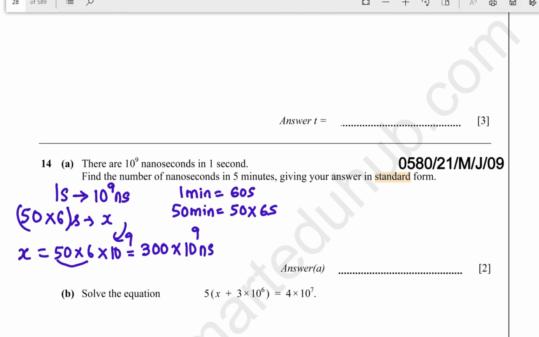But we need to write the answer in the standard form, and therefore we will write this as 3 into 10 raised to 2 into 10 raised to 9, which gives us 3 into 10 raised to 11. Remember the rule of indices, a raised to m into a raised to n. So 10 raised to 2 into 10 raised to 9 is 10 raised to 9 plus 2, which is 11. So our answer in the standard form is 3 into 10 raised to 11.